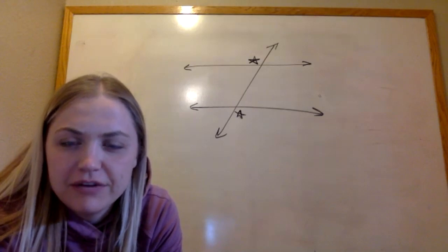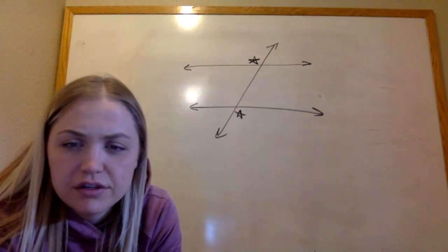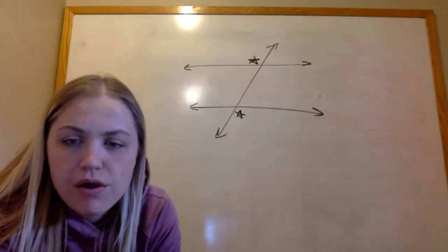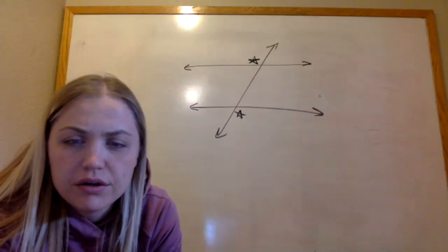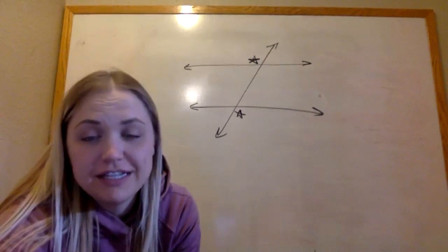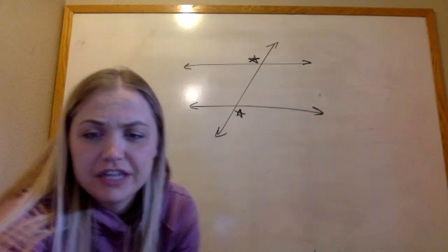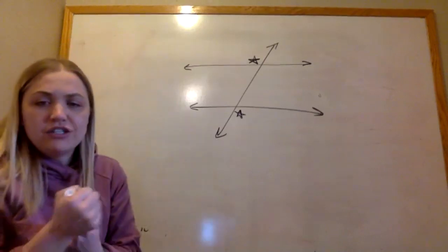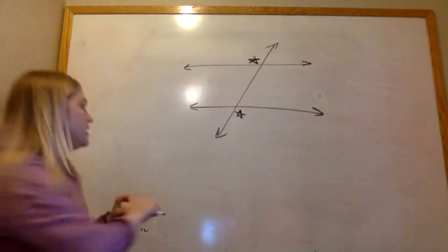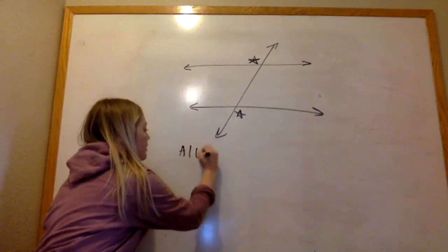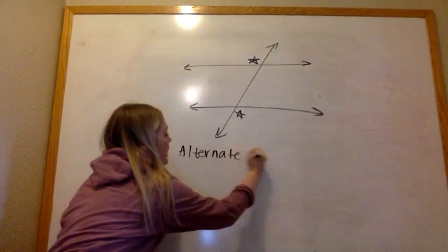I want to hear some more. I know Gage and Taylor are not the only 2. Jacob Northrop said alternate exterior. Julian said alternate exterior. Okay, so these 2 angles are alternate exterior.